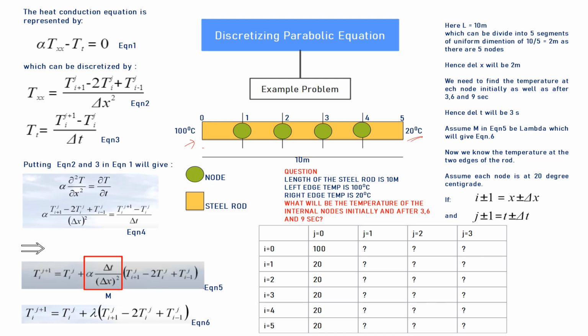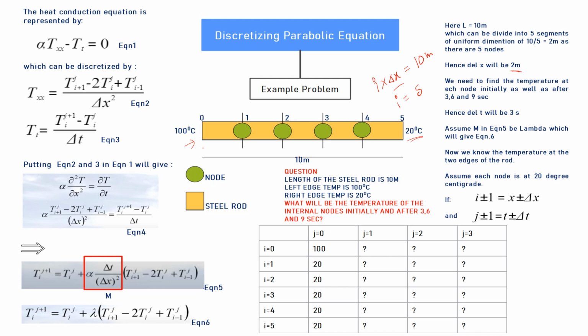I into del x will be equal to 10 meters. Del x, we are saying, will be 2 meters, so I will be 5, including the edge nodes.